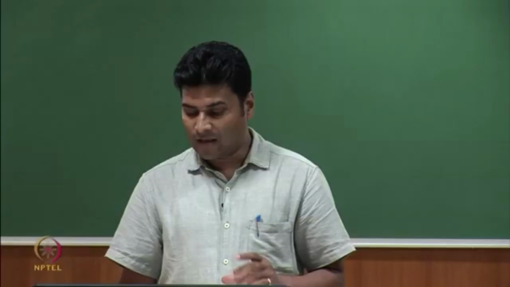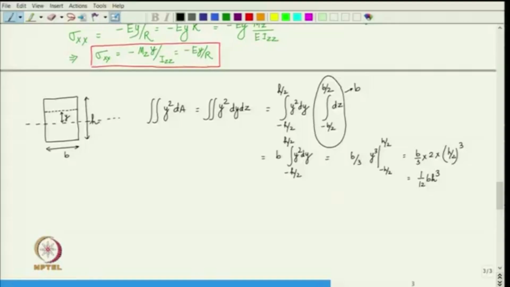So, can you see that if you increase your h, then IZZ is increasing, right, and if you increase your b, then also of course IZZ is increasing, but with h it is more sensitive because it is h to the power cube. So, a small increase in h brings about a large increase in IZZ.